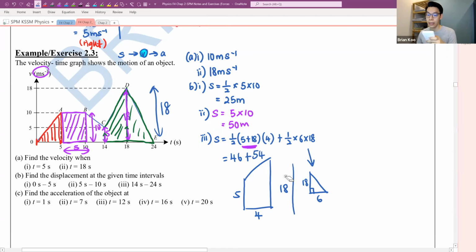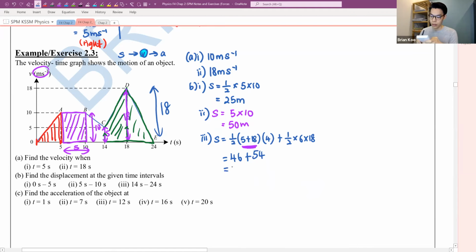That's the last part, the 18 to 24 second part. Total 100 meters. Everybody can get? If cannot, must voice out, okay?